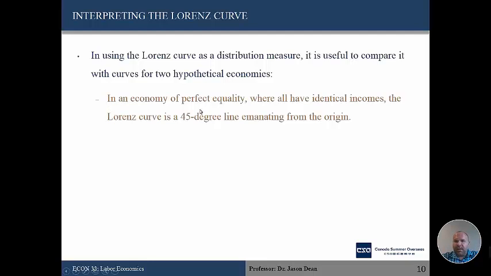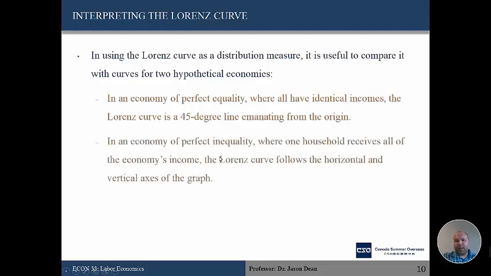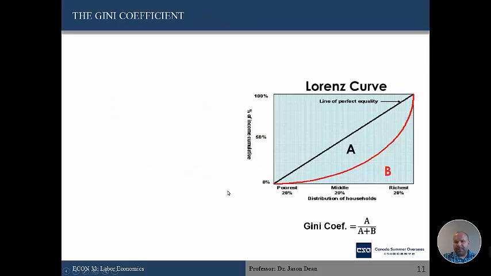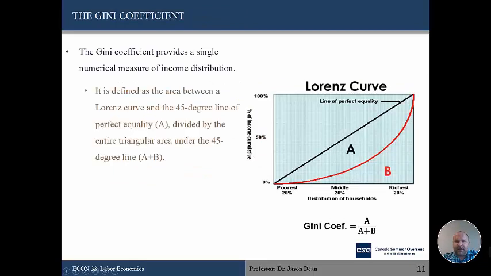Suppose in an economy, or we already know this, in an economy of perfect equality, we would have the Lorenz curve being just a 45-degree line. And in an economy of perfect inequality, we would just have the vertical line, as I mentioned. So the Gini coefficient is very useful because it's a single number that tells you about the level of inequality in a country.